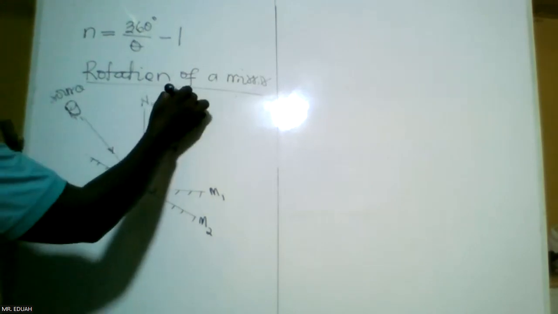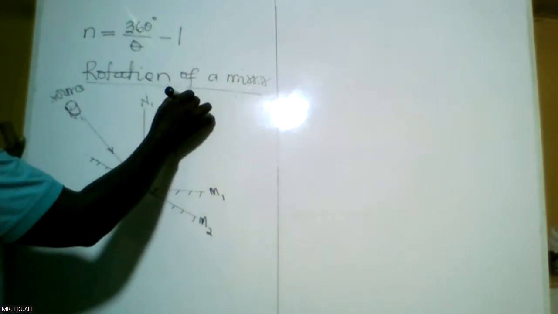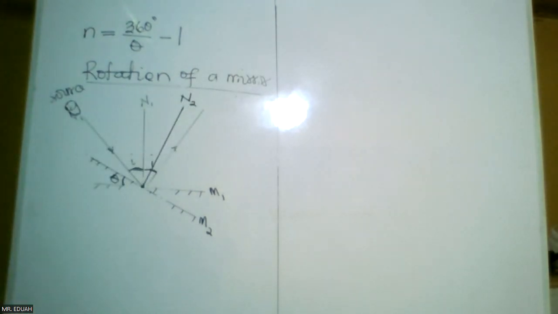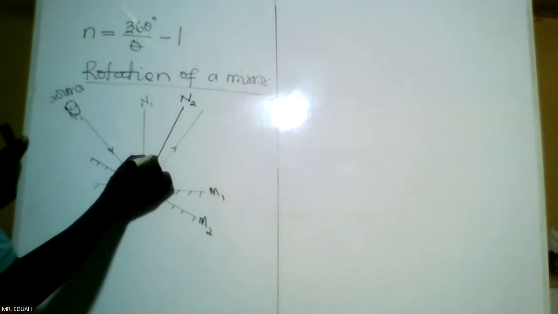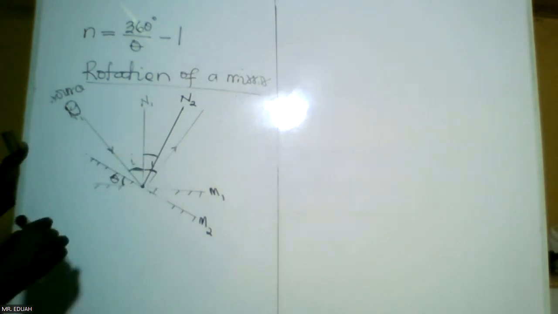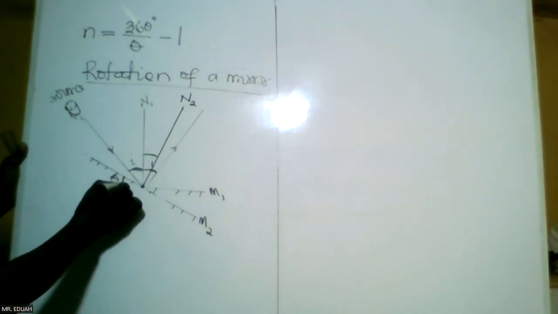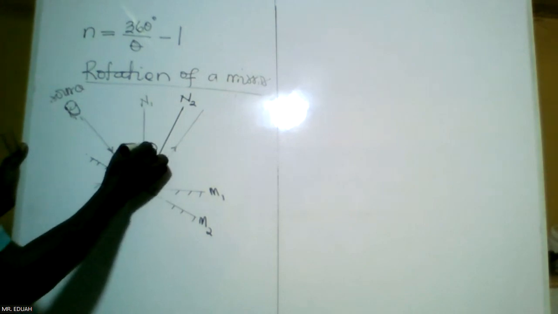So this is N2. The angle between the old normal and the new normal is equal to the angle of tilt, so theta.